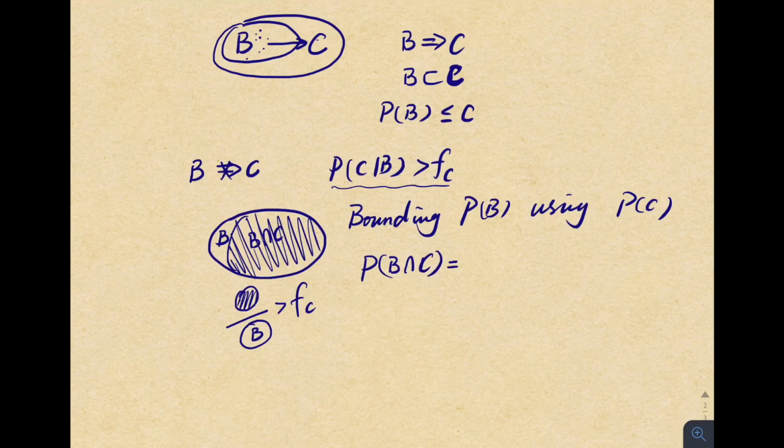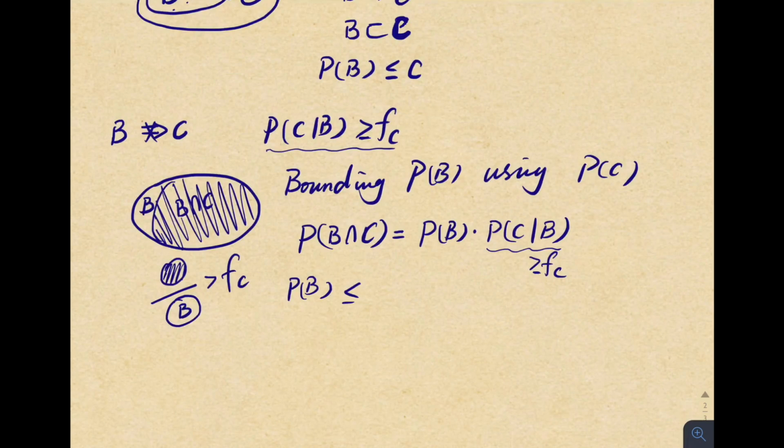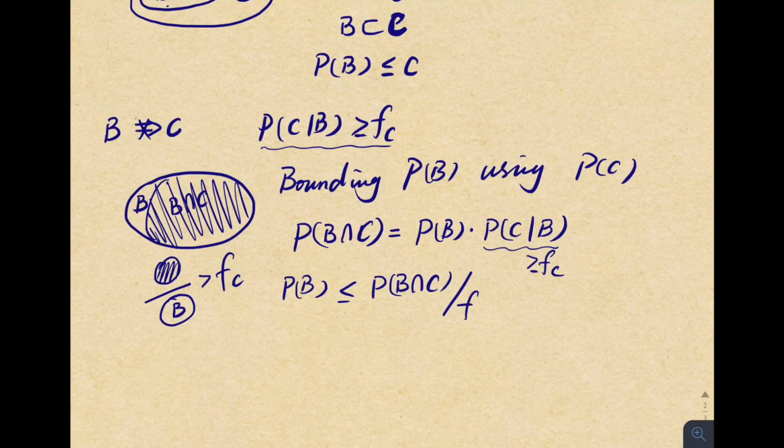Consider the basic probability equation: the chance of the joint event B and C equals the probability of B multiplied by the conditional probability of C given B. Since the conditional probability is at least Fc, we can bound the probability of B using the probability of the joint event B and C divided by Fc.